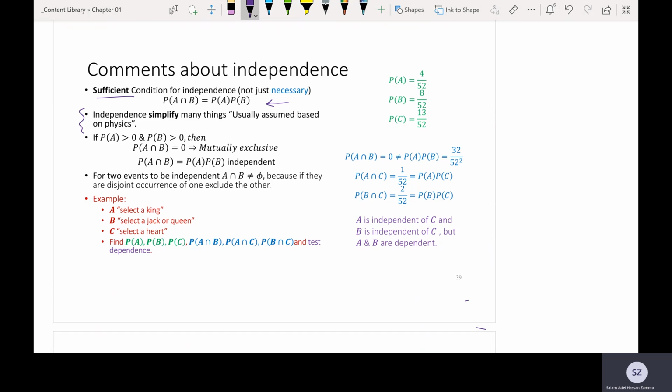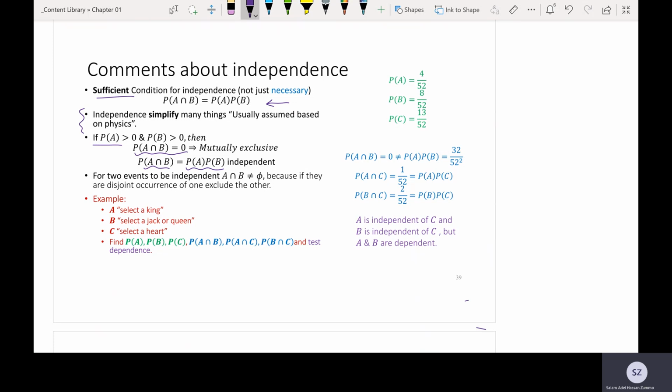However, what I mean is that in many engineering cases, you will find independence to be a valid assumption. Okay? Now, if the probability of B is larger than 0 and the probability of A is larger than 0, then consider the probability of the intersection. If the probability of the intersection is 0, it's something I have to examine. However, if this probability of the intersection is equal to the product, it's something else. What did we say here? If they are mutually exclusive, can they be independent? No, they are dependent.